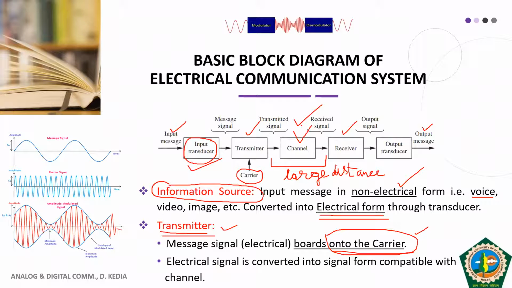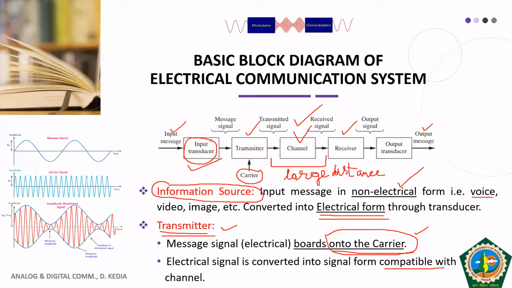If your channel is optical fiber, then you require a different kind of preparation. If your channel is electric wire, then you require a different kind of preparation. If your channel is wireless, where there is no wired medium in between, then you need a different kind of preparation. This is also the job of the transmitter, to make your signal compatible with that of the channel.